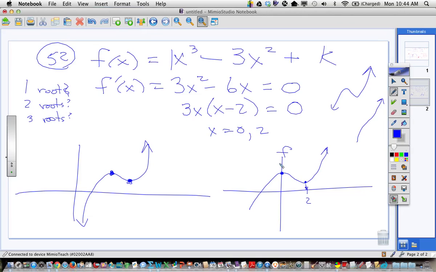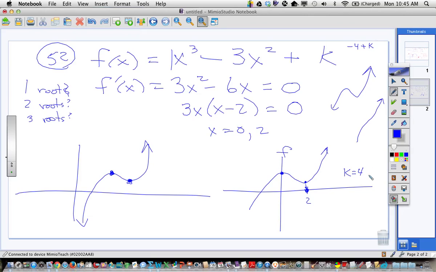So I get 8, 4 times 3 is 12, 8 minus 12 is negative 4. So negative 4 plus k when I put a 2 in. And I want it to be an output of what? 0. So what's k got to be? So if k is a 4, this will just touch. And I'll have 2 roots.